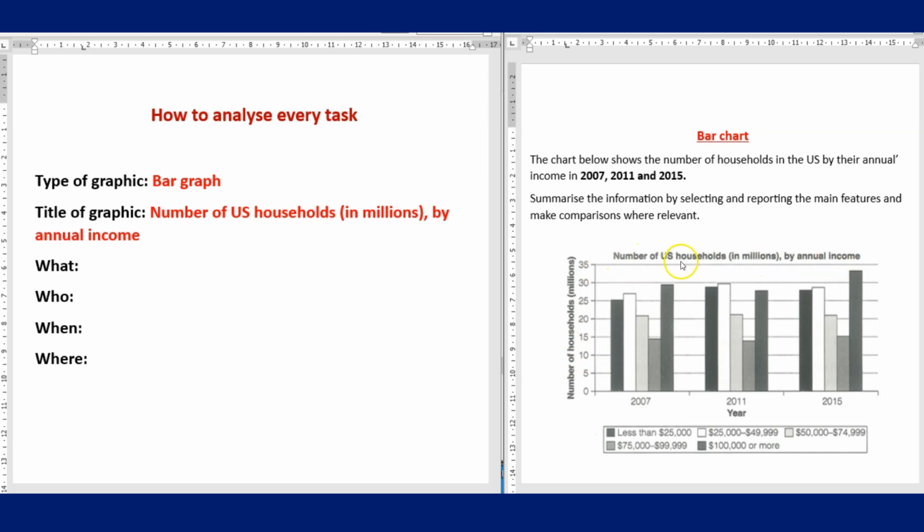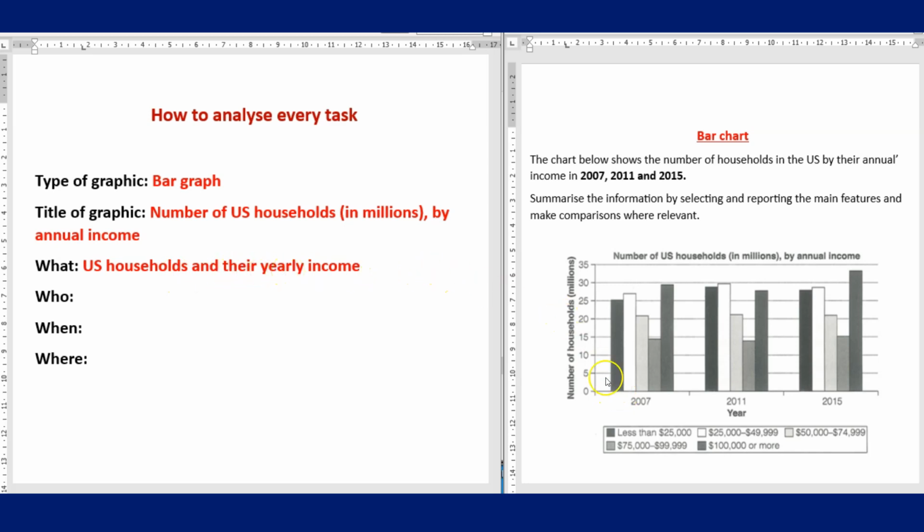If you don't analyze the title, you will not be able to find all this information just in the question. That's why it's important to also check the title. So we ask ourselves, what is this graph about? We know that it is about US households and their yearly income.